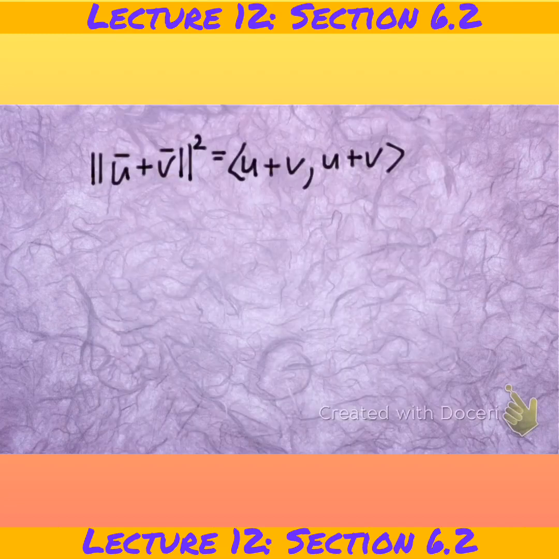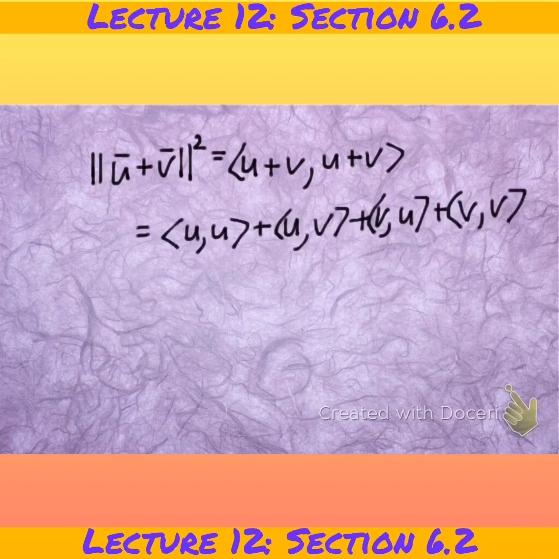Now we can quickly look at how this works. If we take the norm of the vector u plus v and square it, that is the same as the inner product of u plus v with itself. Using the theorems and axioms we had for the inner product, this can be broken up into four parts. First, we write it as the inner product of u with u plus v, plus the inner product of v with u plus v.